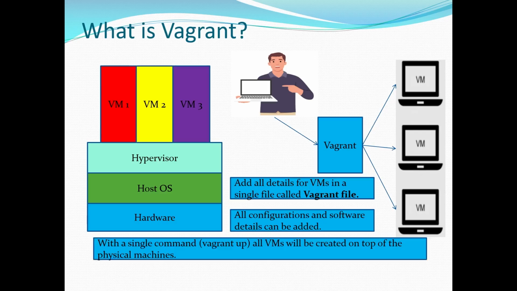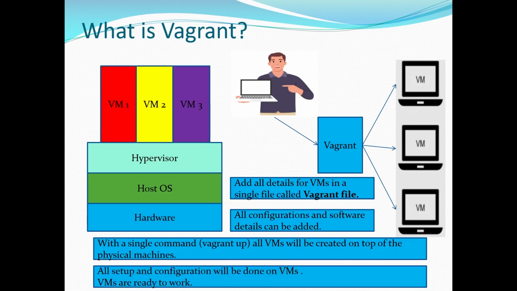With a single command called vagrant up, all VMs will be created on top of the physical machines. So it's very, very simple. All setup and configuration will be done on the VMs, and VMs are ready to work. It's very simple when you do it using the Vagrant provisioner.